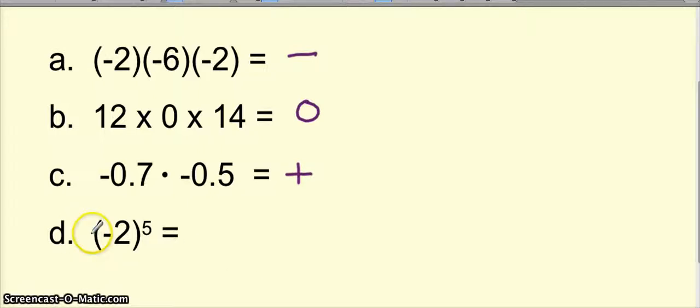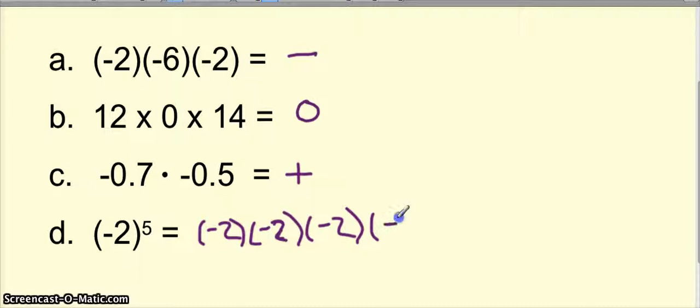so my overall answer would have to be positive. And then finally, I have the quantity of negative 2 to the 5th power, and that just means negative 2 times negative 2 times negative 2 times negative 2 times negative 2.